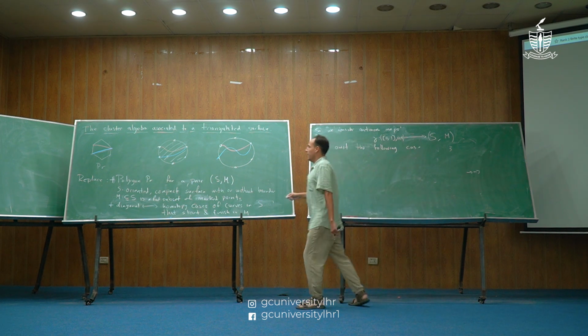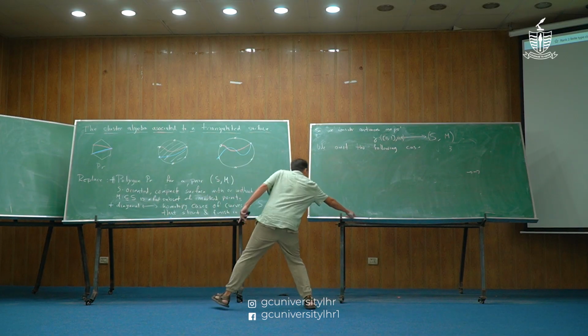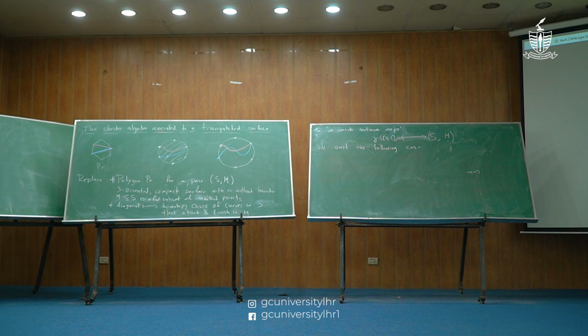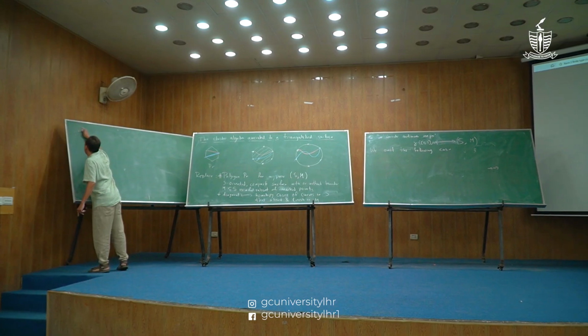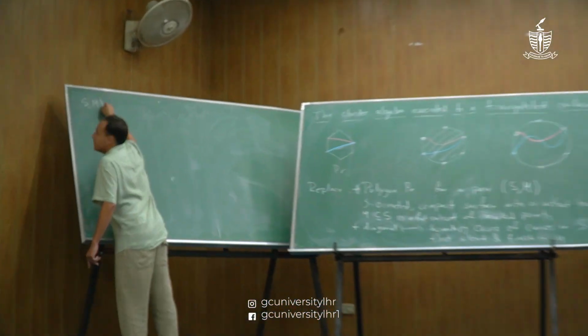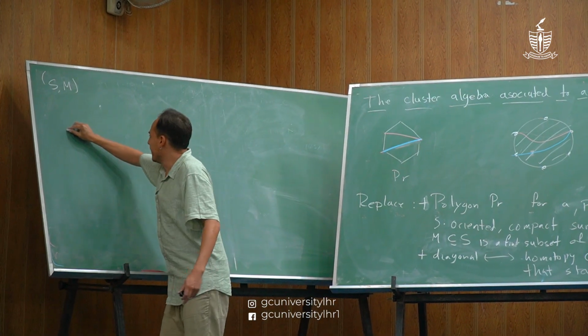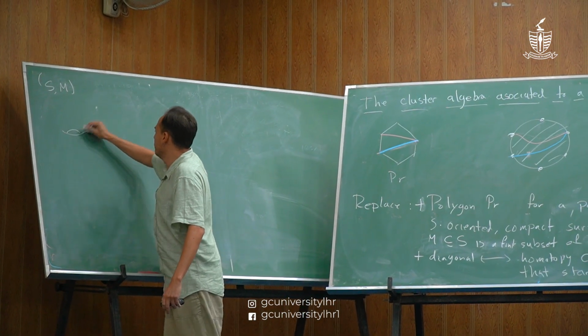For example, my surface (S, M) now could be something like this. It could be like a donut.